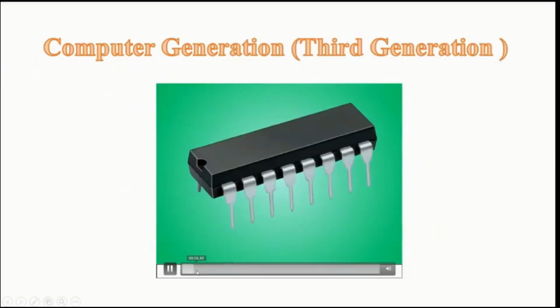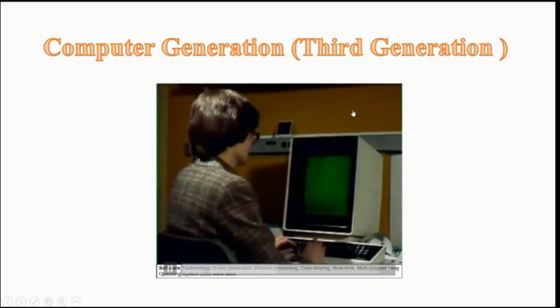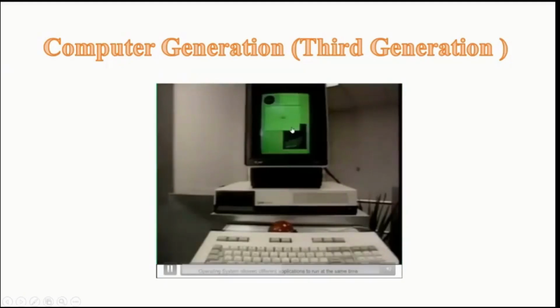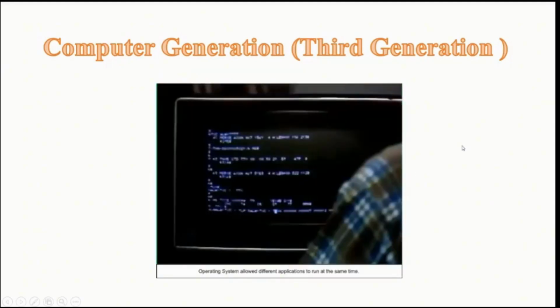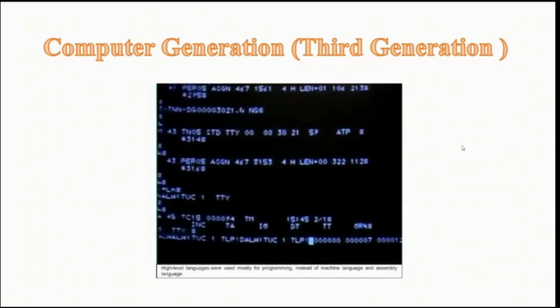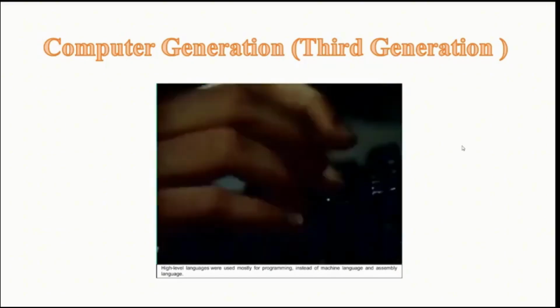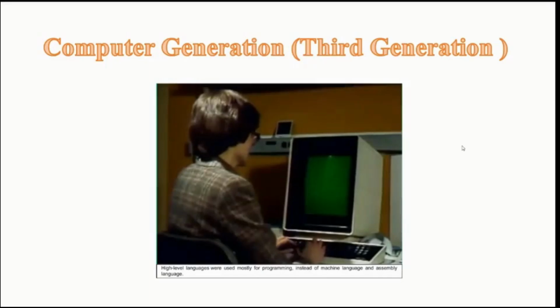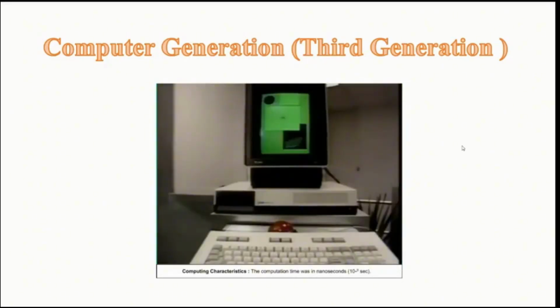This is the IC. Each of these pins has an application. And this is one of the third generation computers. As you see, these computers are getting smaller than the second and first ones. And also these are faster than the second generation and also cheaper than the second generation.